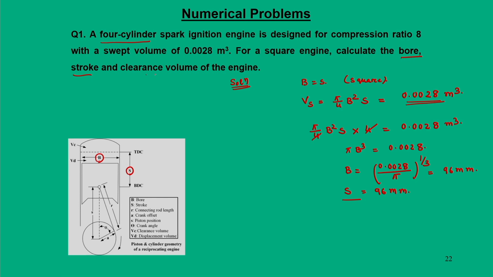To get the clearance volume, we require the compression ratio. The compression ratio CR can be written as 1 plus Vs by Vc. Putting in the values, 8 is equal to 1 plus 0.0028 by 4, because there are 4 cylinders, divided by Vc.